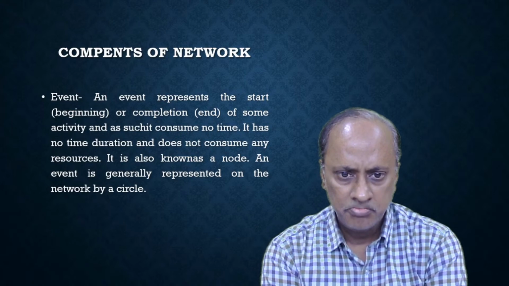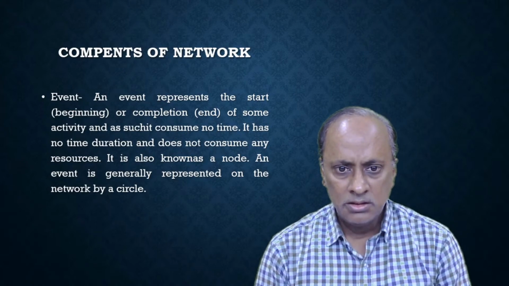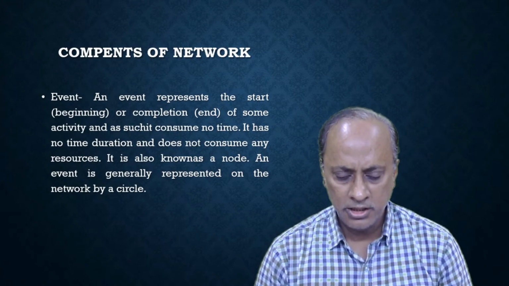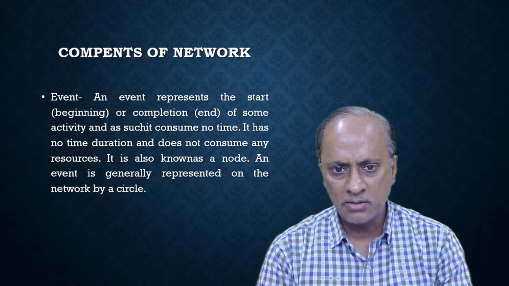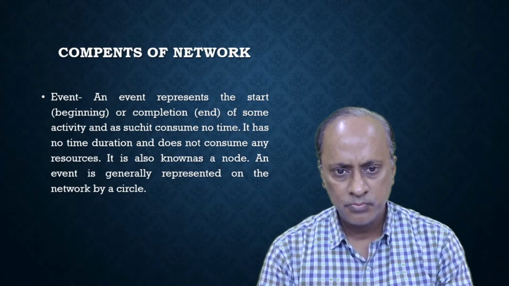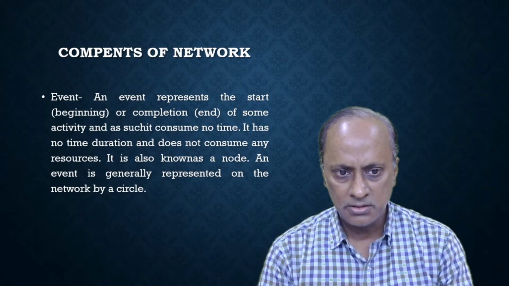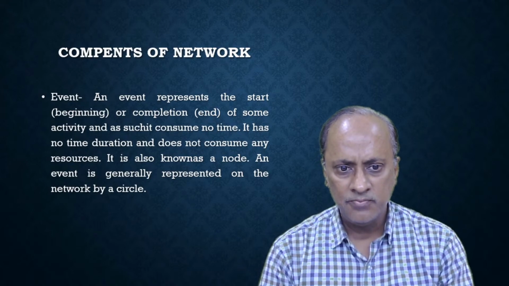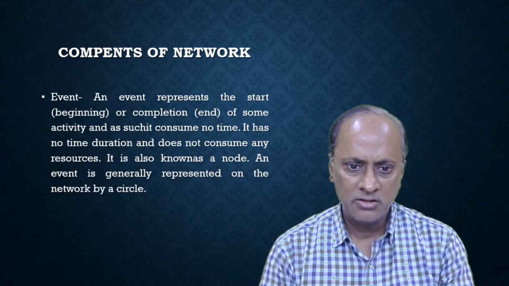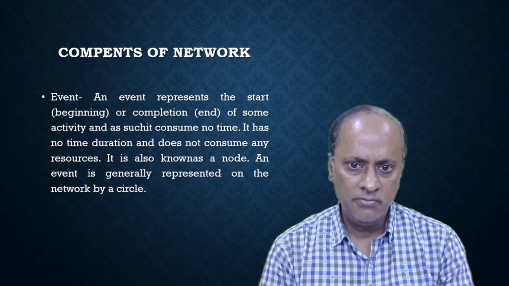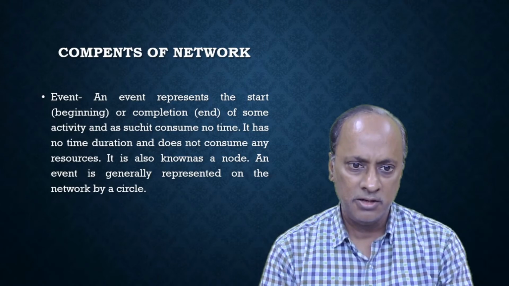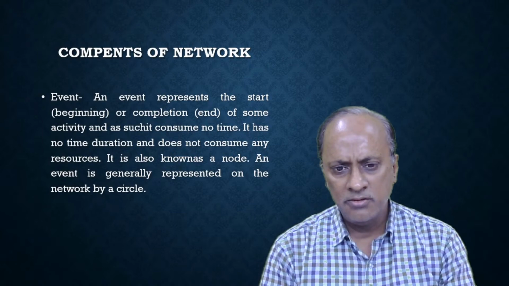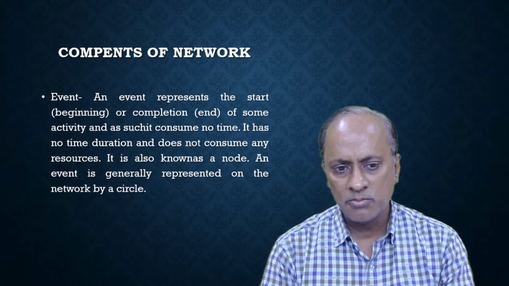Suppose I give you an example. Now, we are going from home to office. So this activity has two points, that is, starting from your home and reaching your office. These two are called events. So each activity has a starting event and an end event. An event represents the start or beginning of some activity. So how is the event represented? The event is represented in a diagram by a node or by a circle.